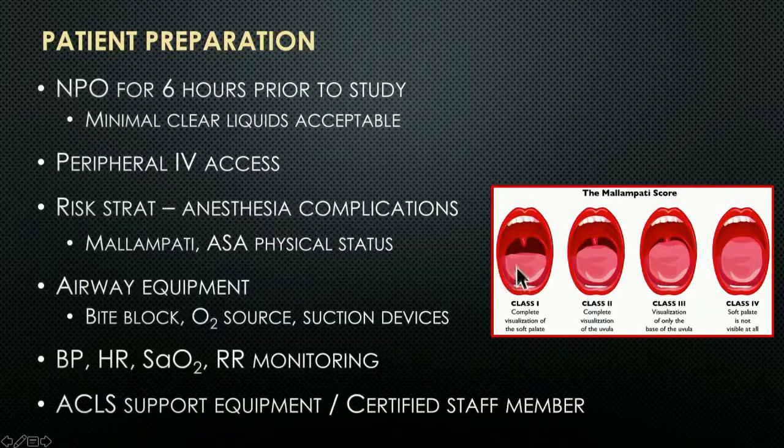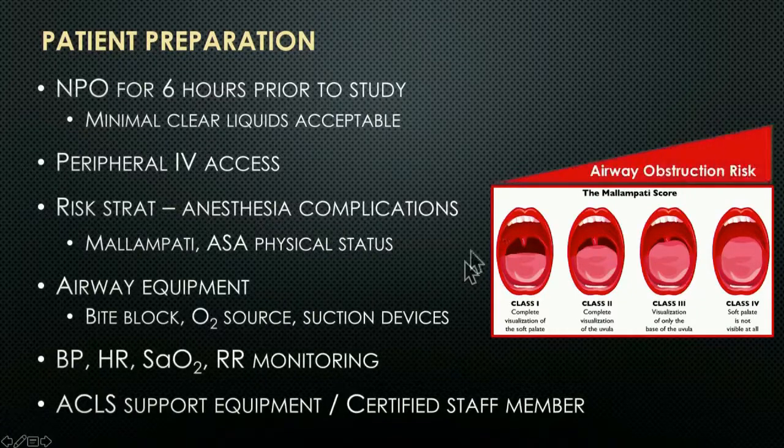The Mallampati looks at the visualization and the ability of the patient to maintain an unobstructed posterior pharynx. Class 1 here, you can see the posterior pharynx quite well. Class 4 here, the tongue and the pharyngeal tissues obstruct visualization, and as we go up from class 1 to class 4, you have an increasing risk of obstruction.